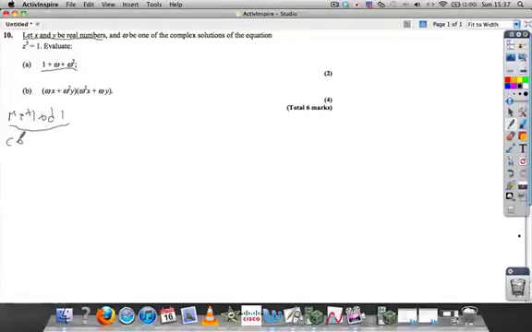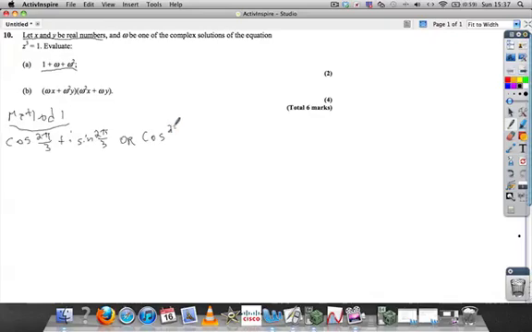Cos 2 pi over 3 plus i sine 2 pi over 3. That's one of the other roots, or the third root, as we're moving around, because they're equally spaced.